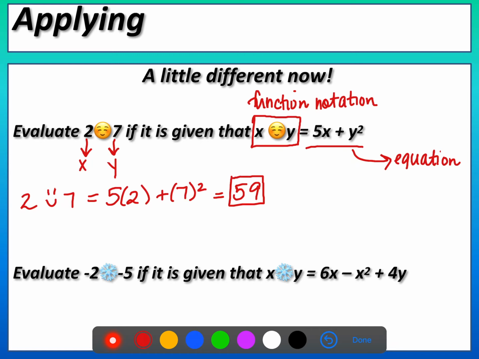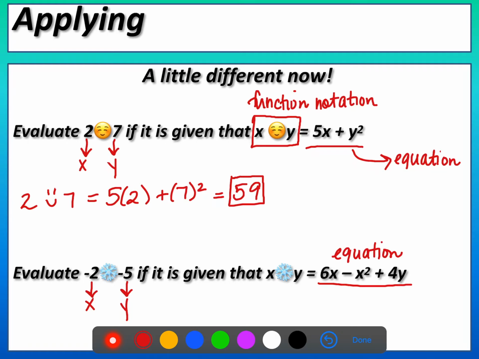Okay, and the same thing with our second example. -2 snowflake -5 corresponds to x snowflake y. And here is our equation.